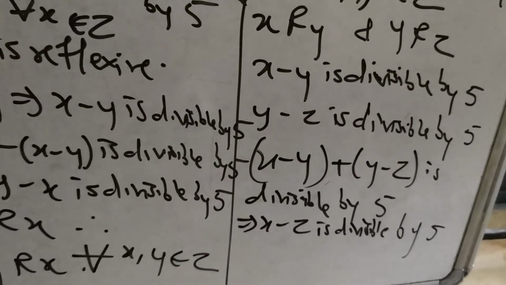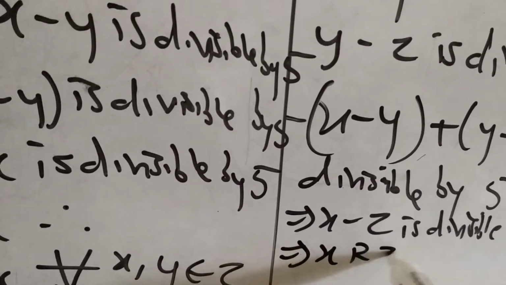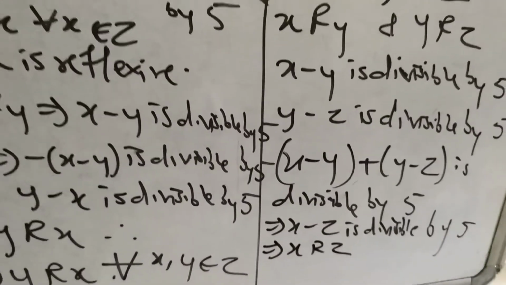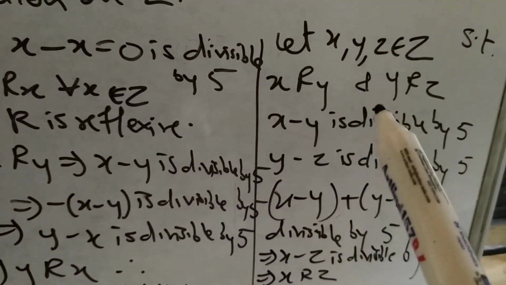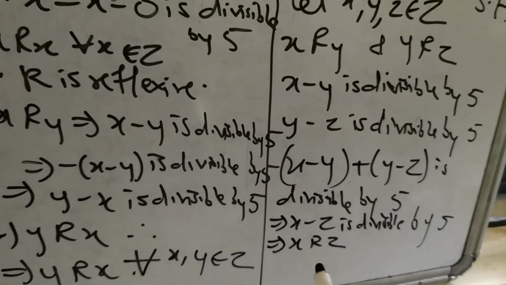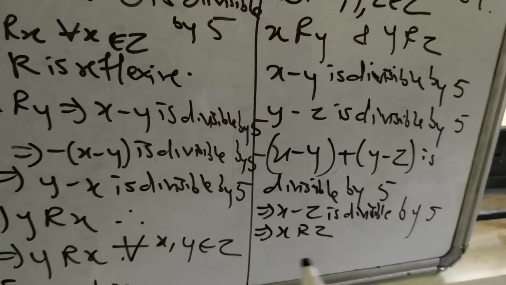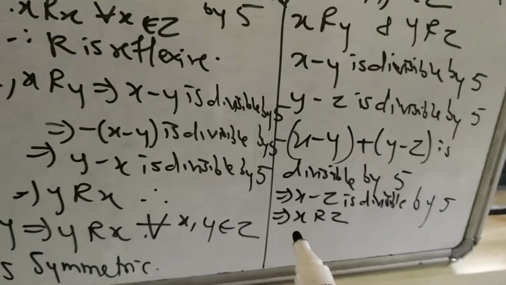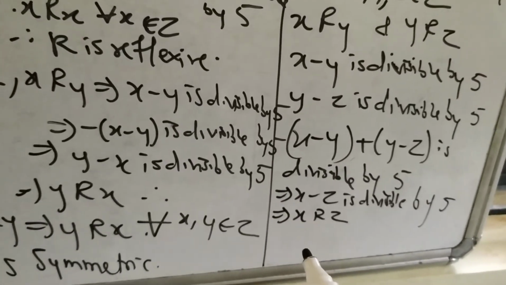X minus z is divisible by 5, and this implies x is related to z. And from here we have shown that x related to y and y related to z implies x related to z for all x, y, z belongs to Z, and therefore R is transitive. And since R is reflexive, symmetric and transitive, it is an equivalence relation.